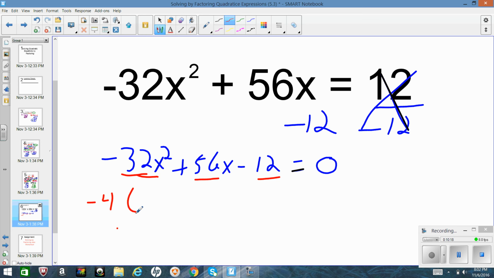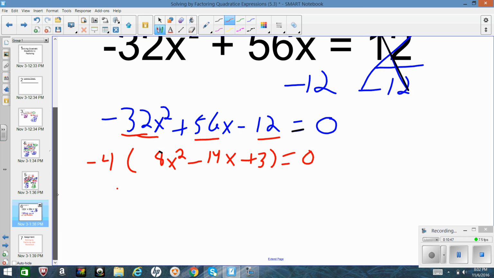So if I take out a -4 from the first term, I'm going to have positive 8x squared. 56 divided by -4 will give me -14x. -12 divided by -4 would give me a +3, and that would equal 0.